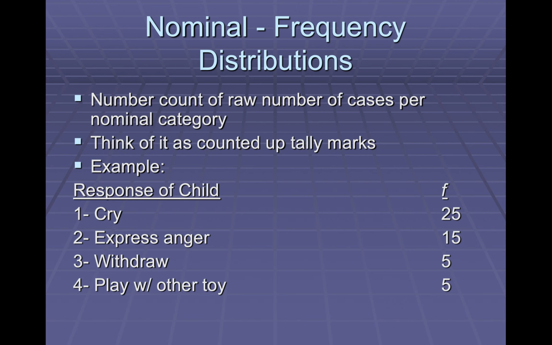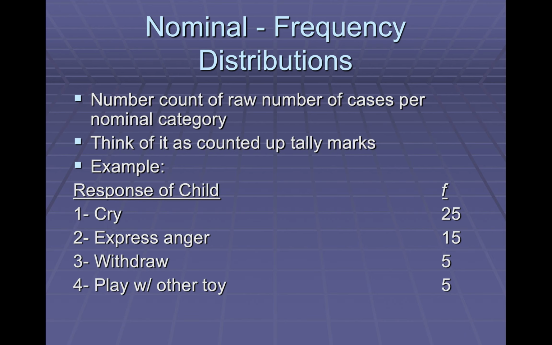So for example, let's say you're doing a study on children's behavior, and let's say you took away a toy from a child. So what happens once you take away a toy from a child? Well, they could cry, they might express anger, they might withdraw from you, or they just might start playing with another toy.